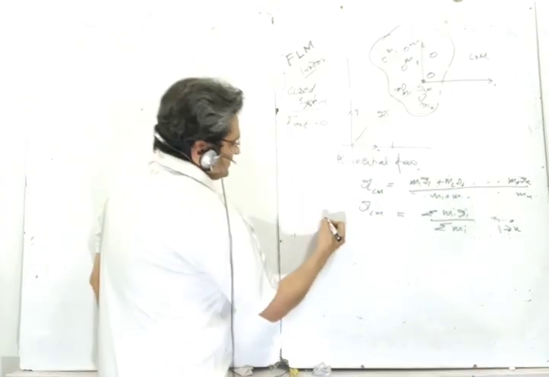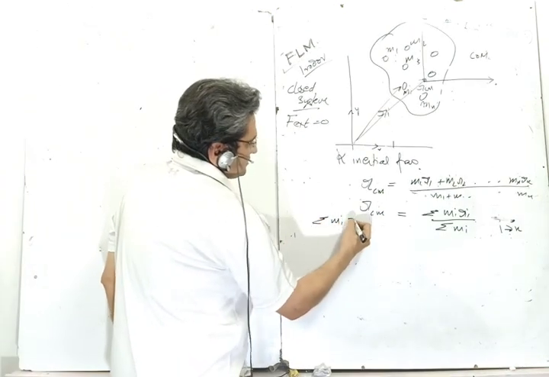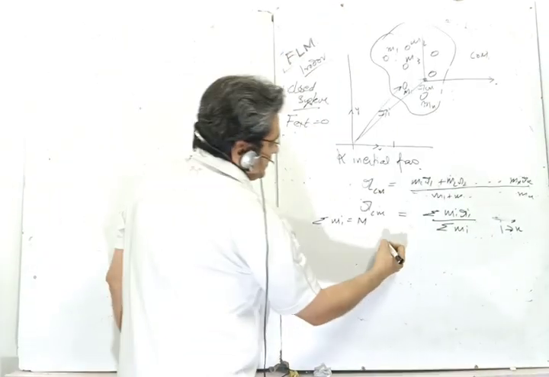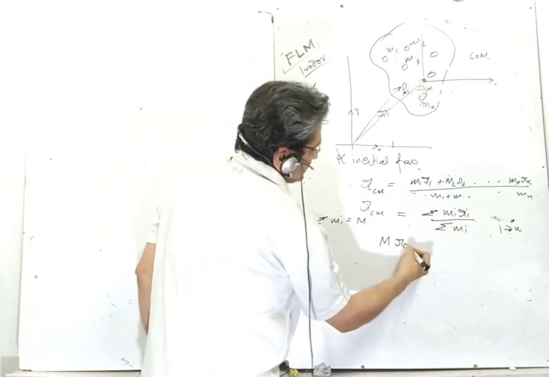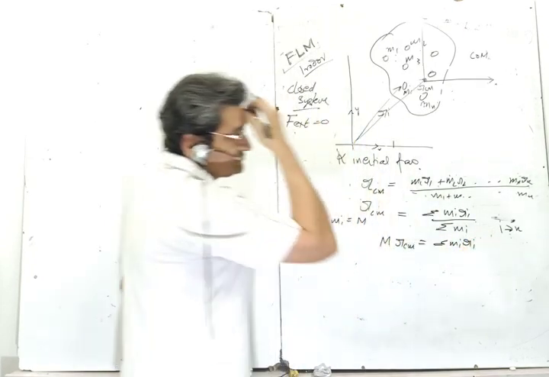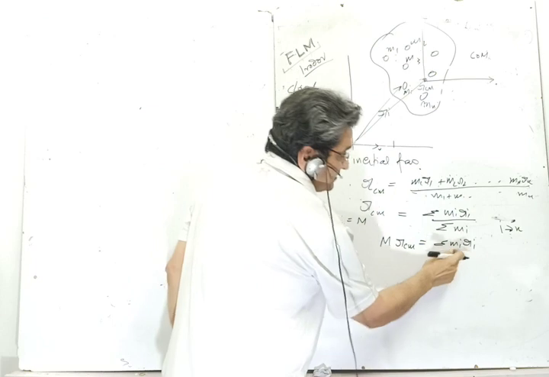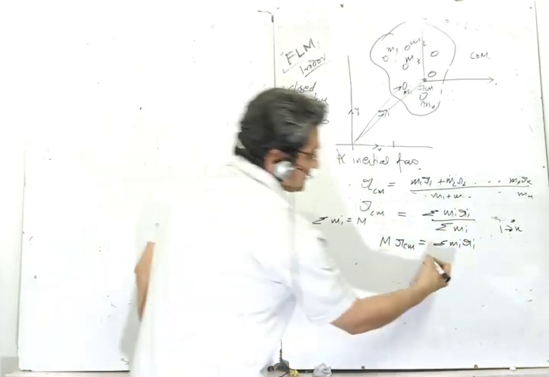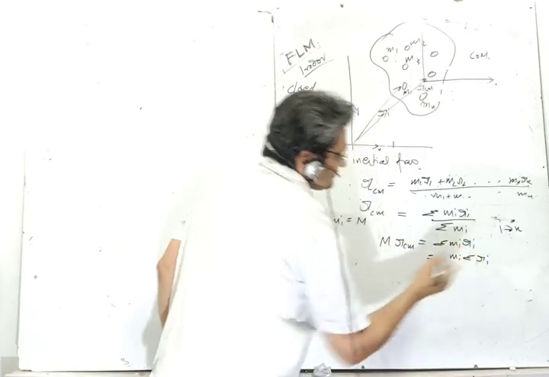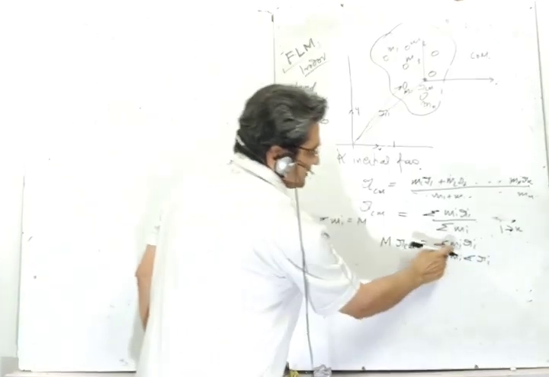Let me replace sigma mi by the total mass of the system, where M is equal to m1 plus m2 plus m3. So M R center of mass is sigma mi ri. So m1 is multiplied by r1. Don't write such equations as mi sigma ri. No, it is wrong. Here it is mi ri.